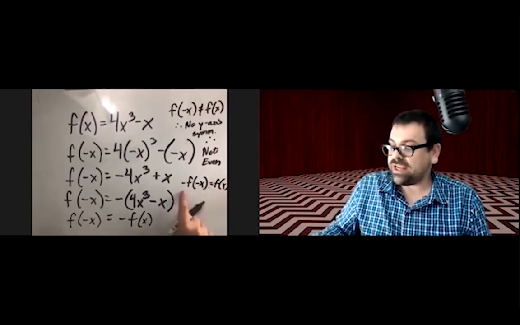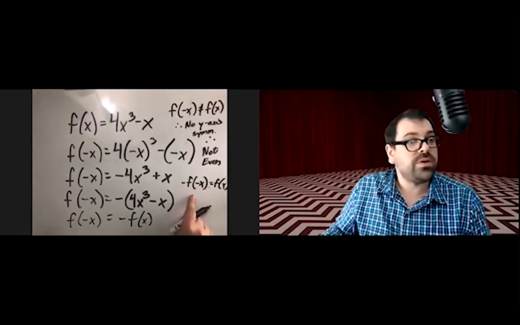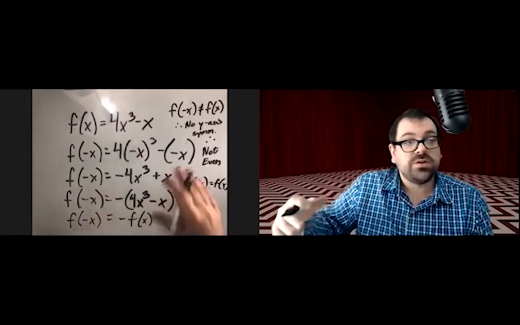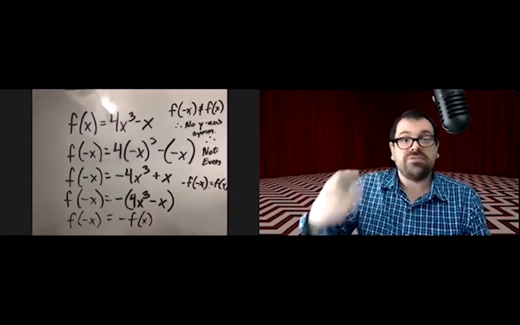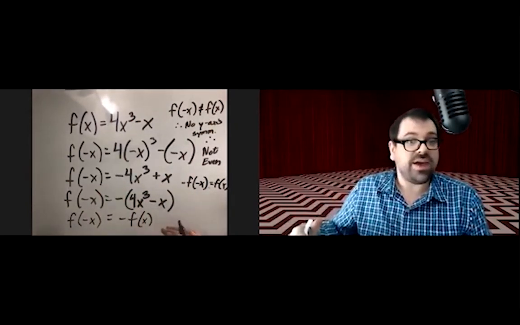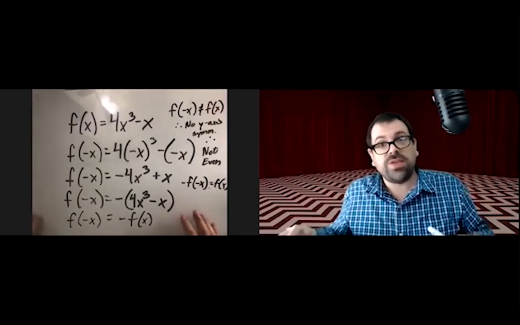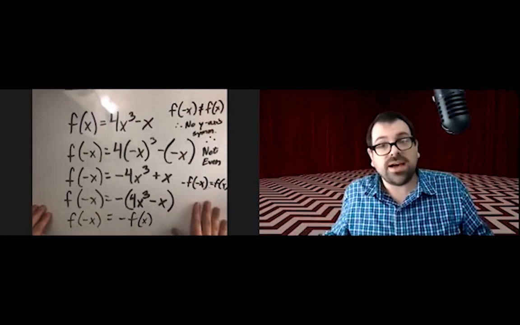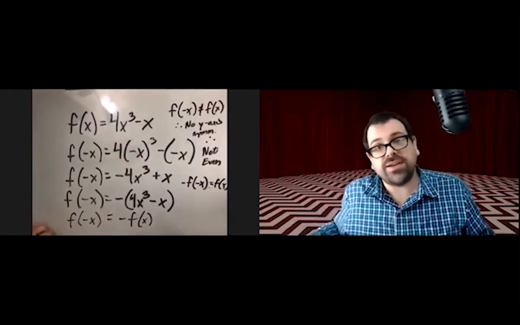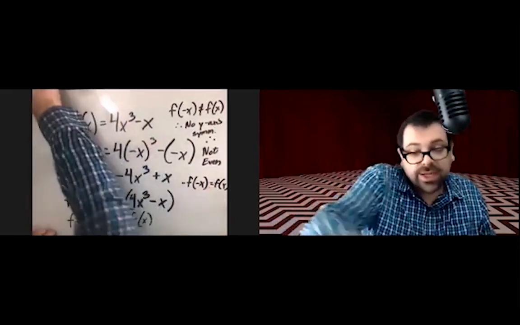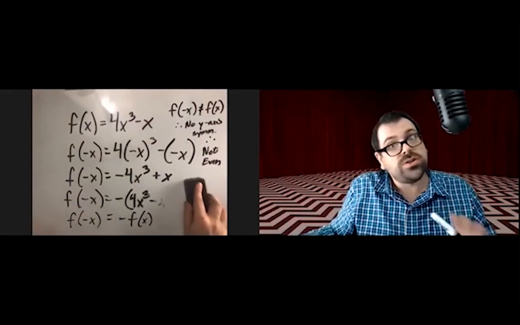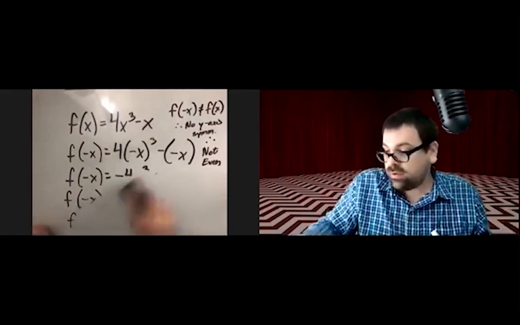The original is what I get when I switch both. If I lost you here, going from the f to the f of negative x to the negative f of x, don't worry. If you followed that, great. I'm not going to do it that way. I'm not going to do it with the f of x's. I'm going to keep doing it the way you understood it a little bit ago.